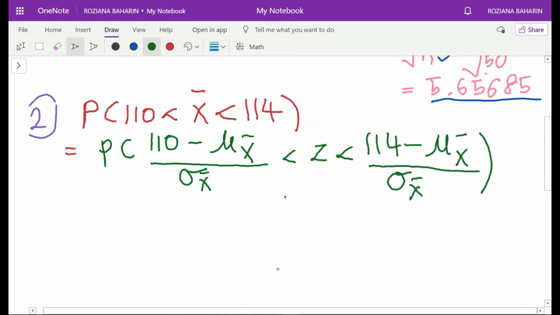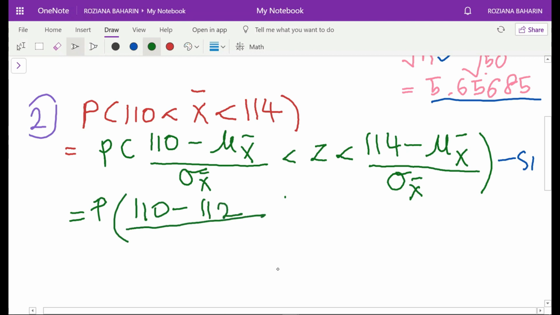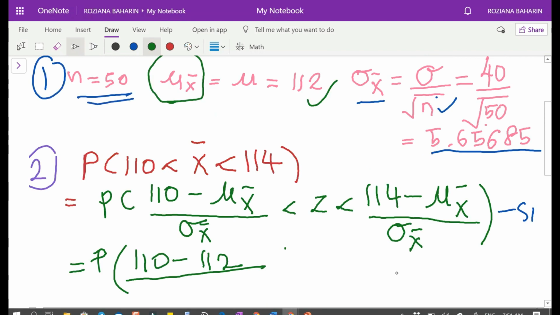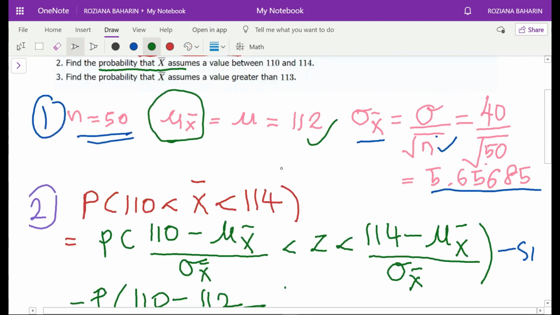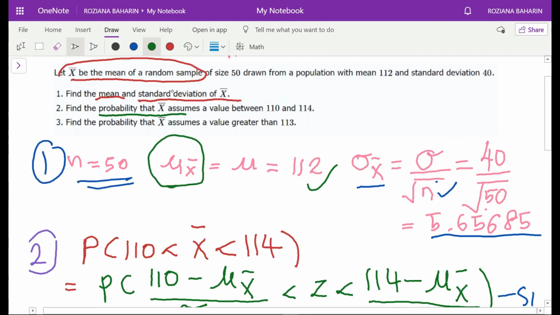Okay, this is step 1. The next step, you just plug in the values. Probability, so 110 minus what? You know that the mean is 112, divided by what you get from the previous question, where you already calculated the standard deviation of X bar and the mean of X bar.